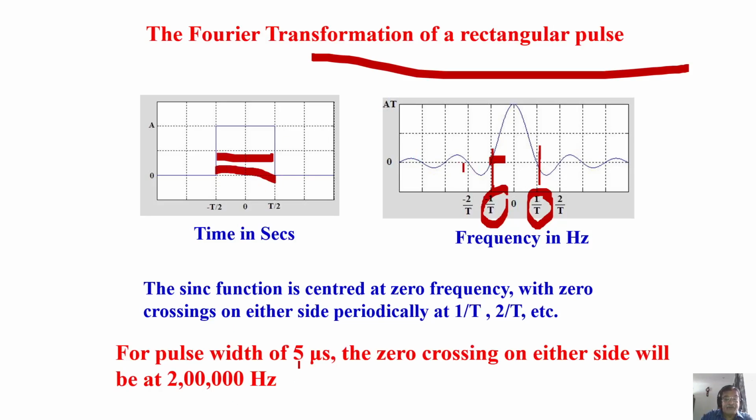For a pulse width of 5 microseconds, the zero crossings will come at 200 kilohertz. That is 100 kilohertz here. At plus 100 and minus 100 kilohertz, there is a zero crossing. You should avoid that. So you have to choose only this region. That is the intelligent way of choosing your spectral width.